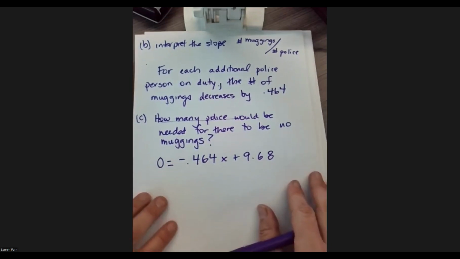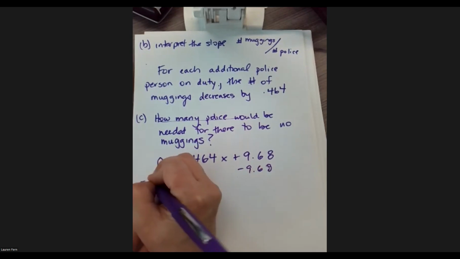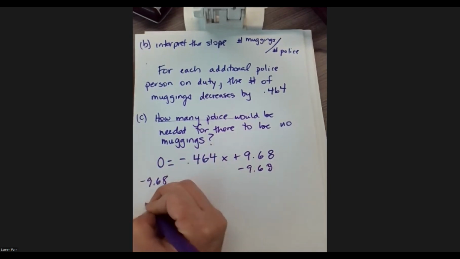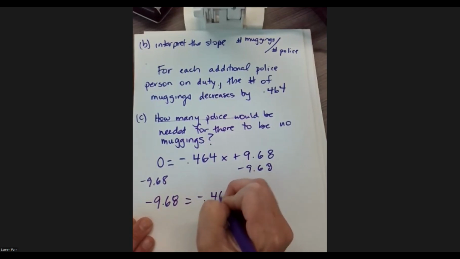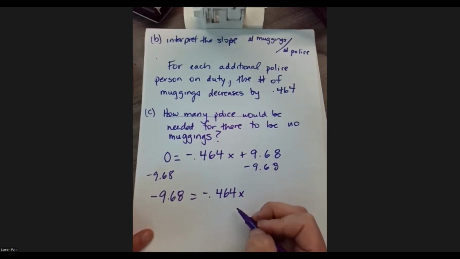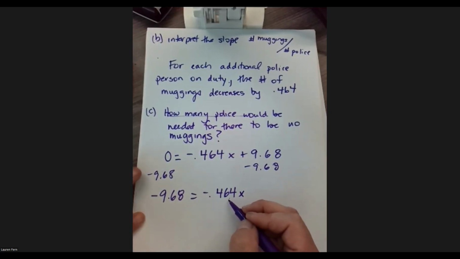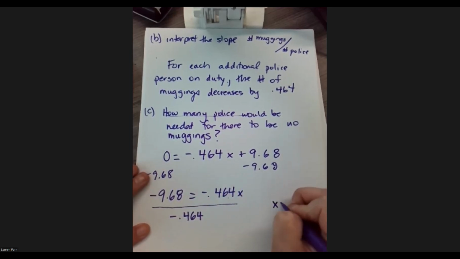Well, what would be my first step? We could move the 9.68 over by subtracting it from both sides. So we have -9.68 = -0.464x. And now we want just x. The way we undo multiplication is division, so we'll divide both sides by -0.464.